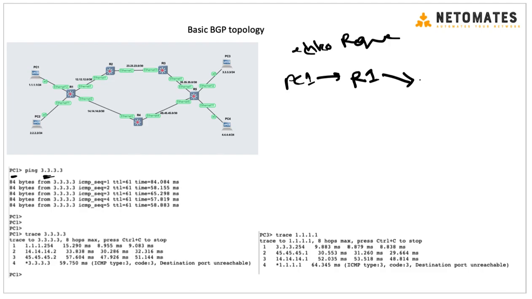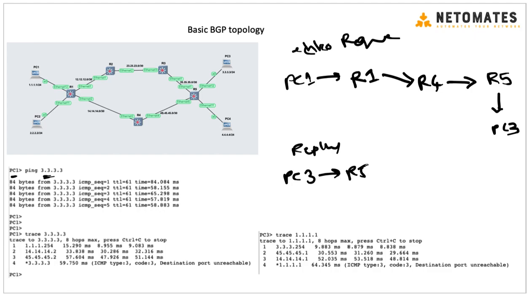Then based on the routing table and BGP outputs, we expect it to go to R5 and then reach PC3. For the reply, when PC3 is replying with echo reply, PC3 should send it to R5, then to R4, then R1 to PC1.